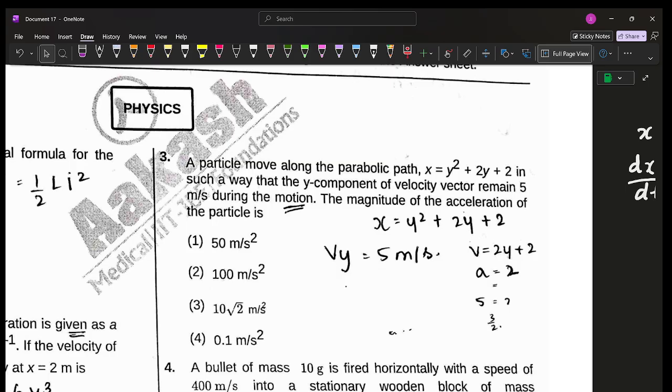Then I have to find ax, where I'll get it as 10 into 5.